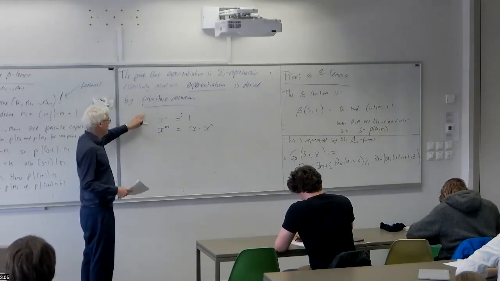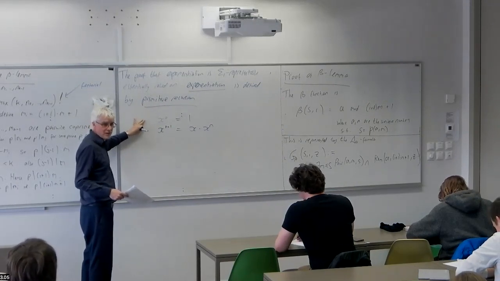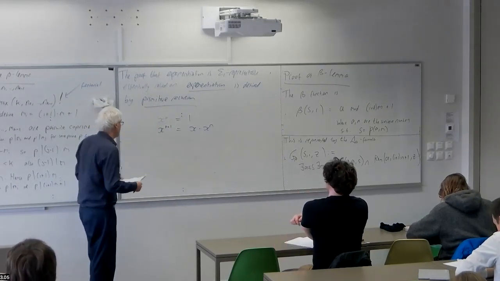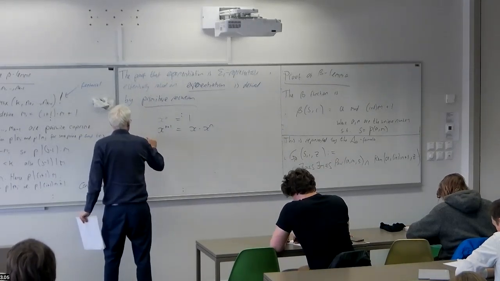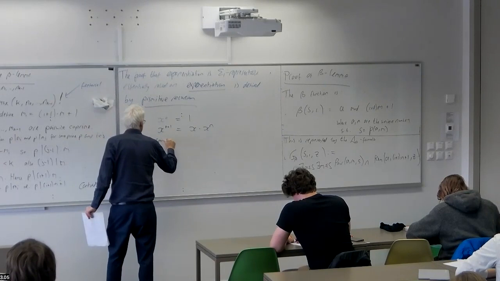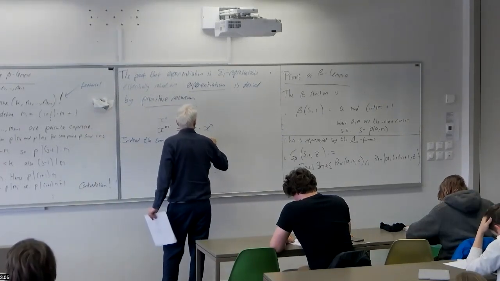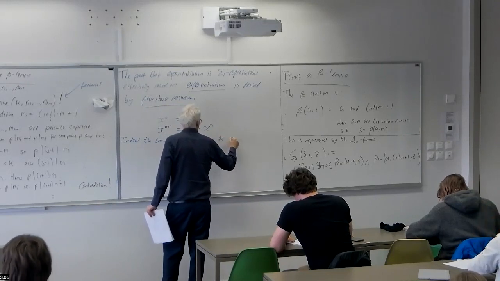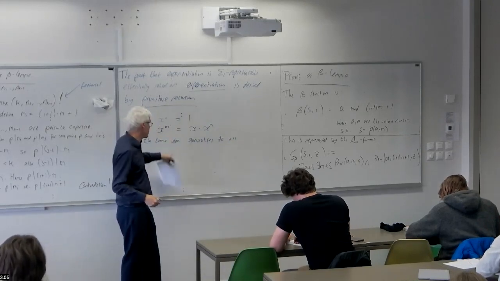The point is, this whole idea is not restricted to the exponentiation function. So indeed, the same idea generalizes to all functions that can be defined using this method of primitive recursion.